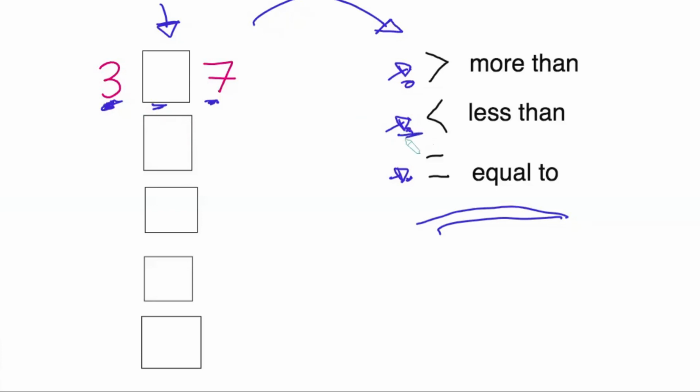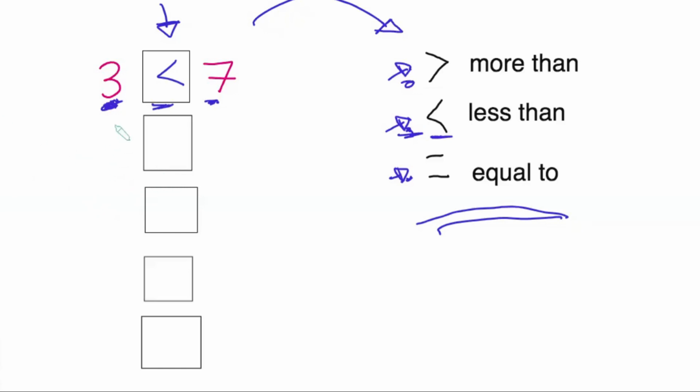So we're going to choose less than, because 3 is a smaller number or a smaller quantity than number 7. So we're going to pop this symbol here into our square, into the missing gap. So 3 is less than number 7.